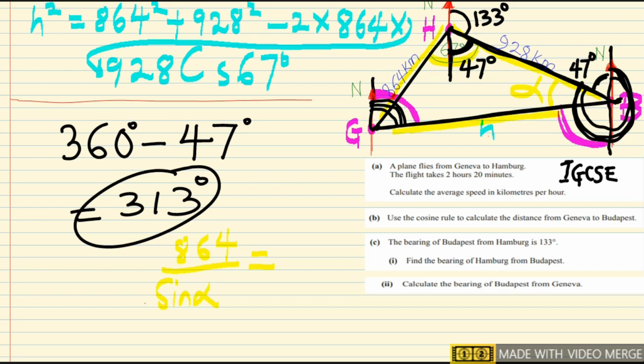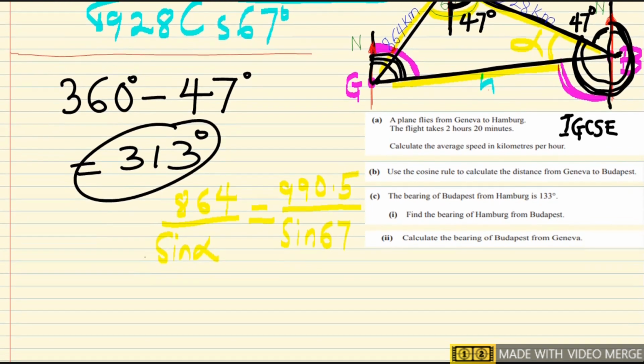That's 990.5. Yes, that's how we do it. 990.5 divided by sine 67 degrees. Working with that, we can say that sine alpha equals 864 sine 67, all divided by 990.5.